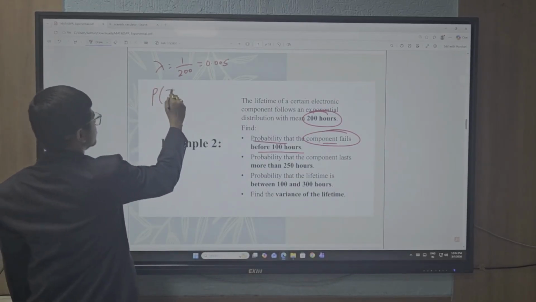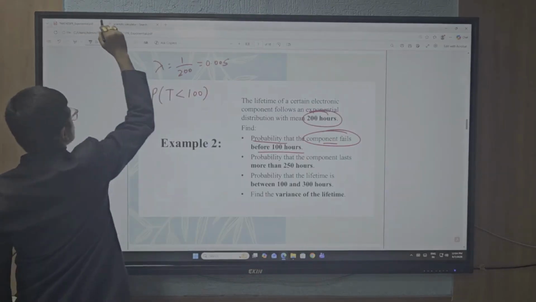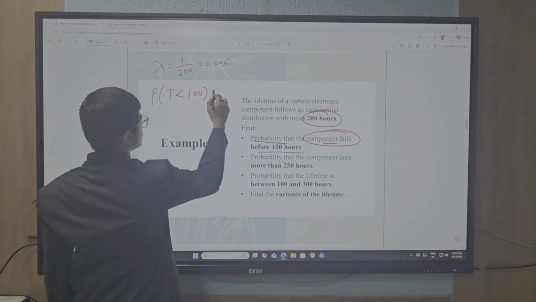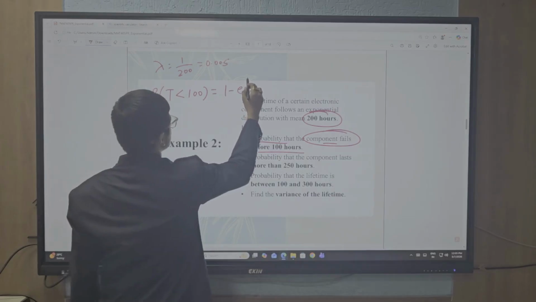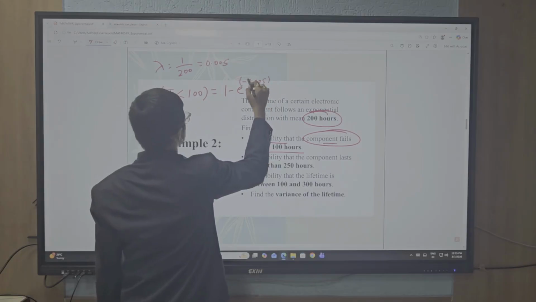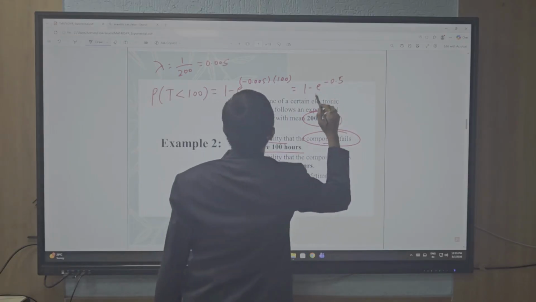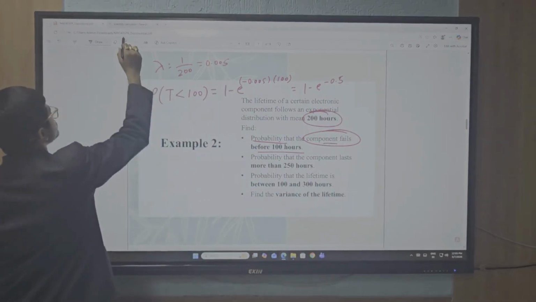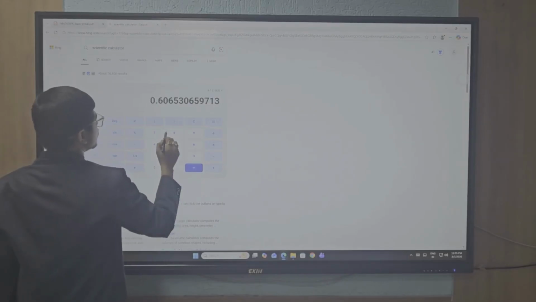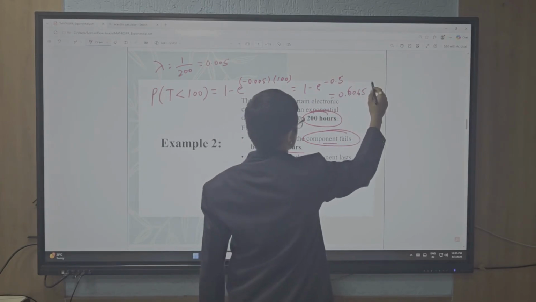We have to calculate T less than 100, which means 1 minus e raised to minus lambda t, so e raised to minus 0.5, which is nothing but 0.6065.